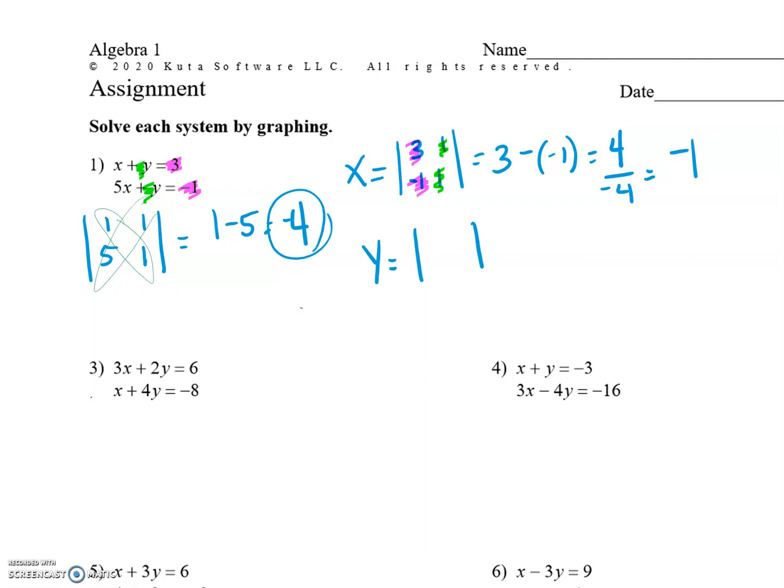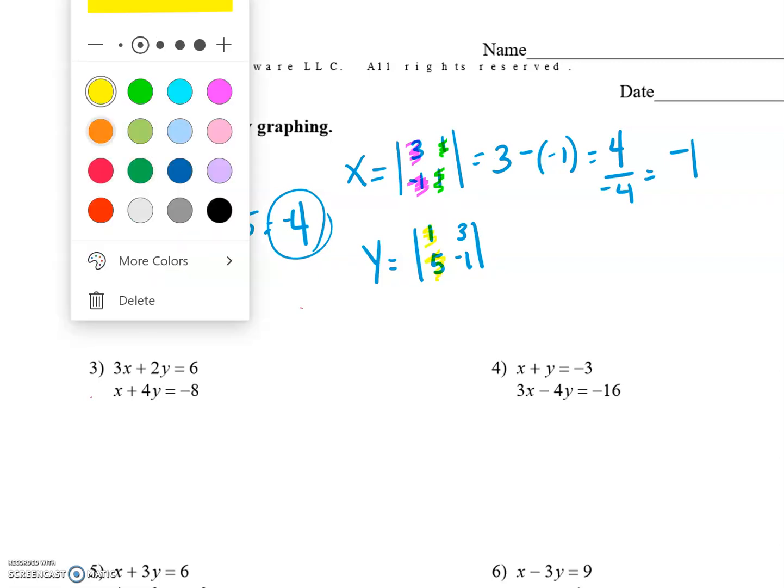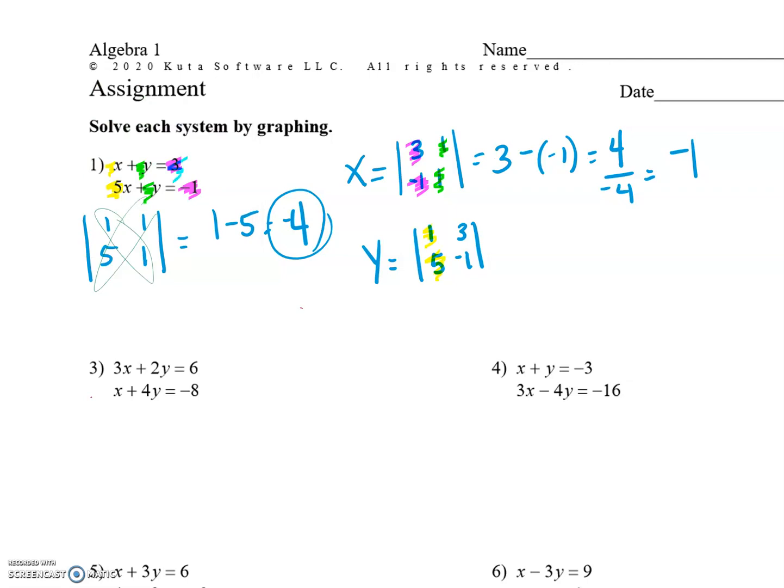Y. So now I need the x coefficients and the solutions. So I have 1, 5, 3, -1. So again, oh, I could just do those the same color.